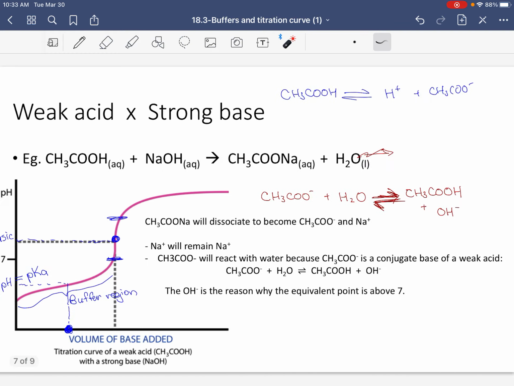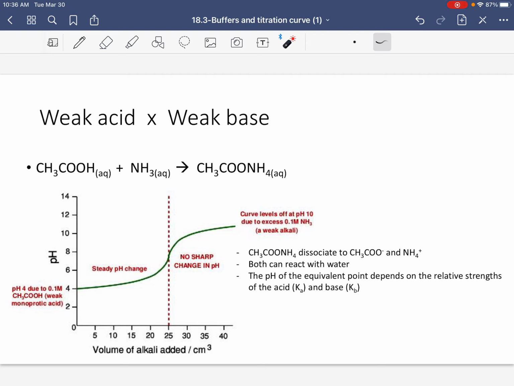Now, is it always 7? Is it like this situation where it's always 7? No, this situation is always 7 because this guy fully dissociates, this guy's fully dissociates. This guy doesn't say anything to this guy because they're not friends. In this case, that's not entirely true. Okay? The pH of this does not always necessarily have to be 7.